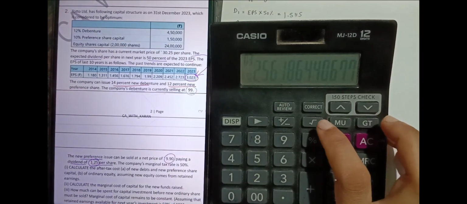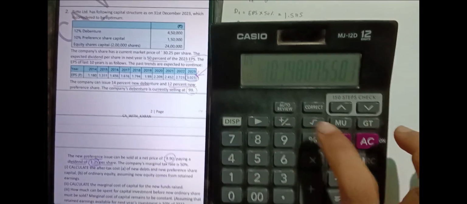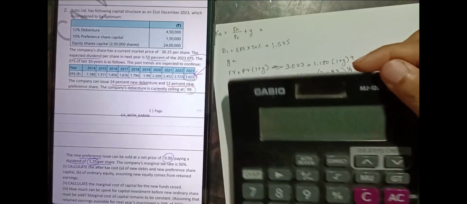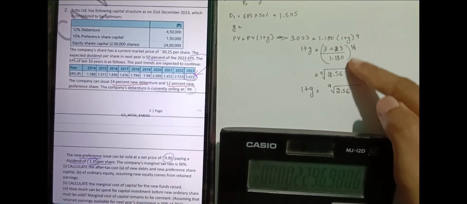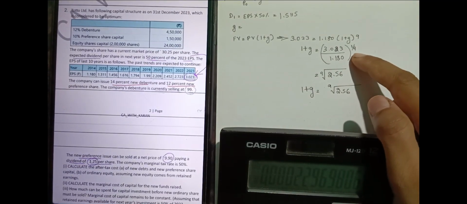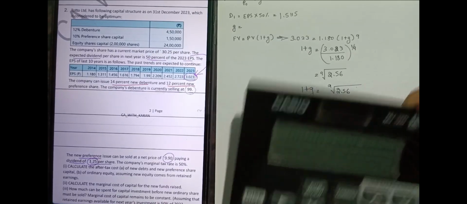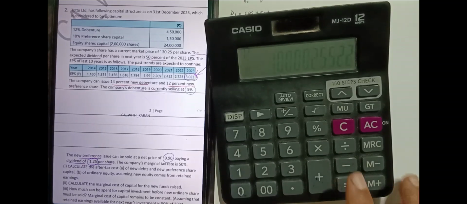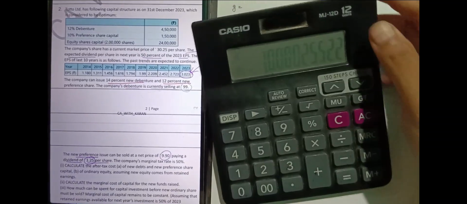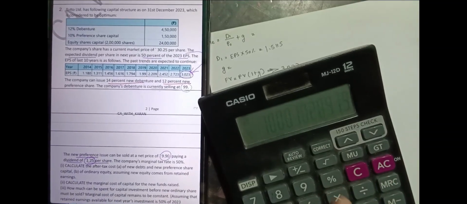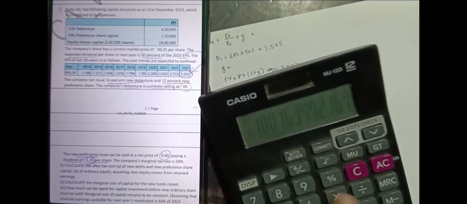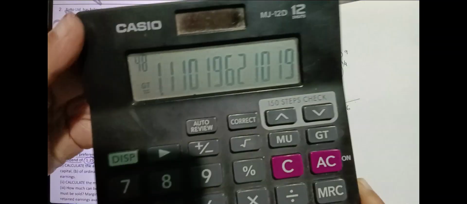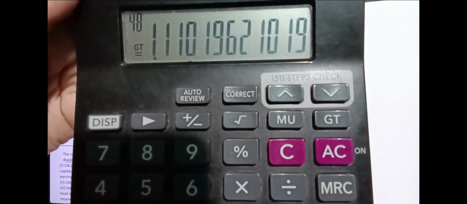So 3.023 divided by 1.180, minus 1, and whole to the power 1 upon 9, right? So we're going to get 1.110.